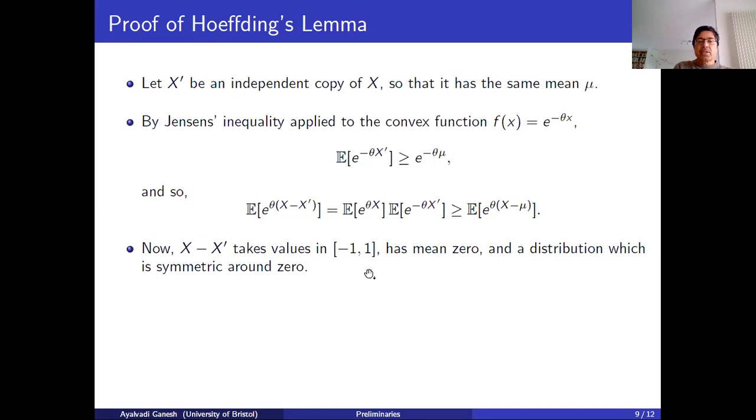And finally, the distribution is symmetric around 0 because x and x prime have the same distribution. So x minus x prime and x prime minus x have the same distribution. So you have some random variable which is distributed between -1 and 1, mean 0, and some kind of symmetric distribution. You don't know the distribution, but it's symmetric around 0.